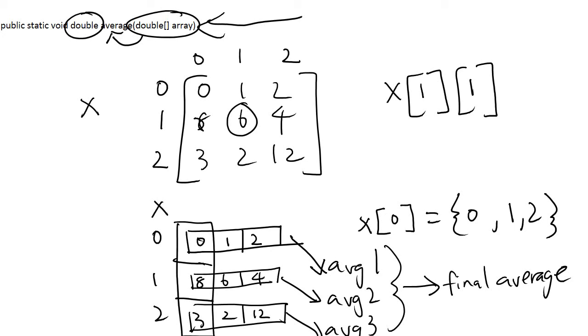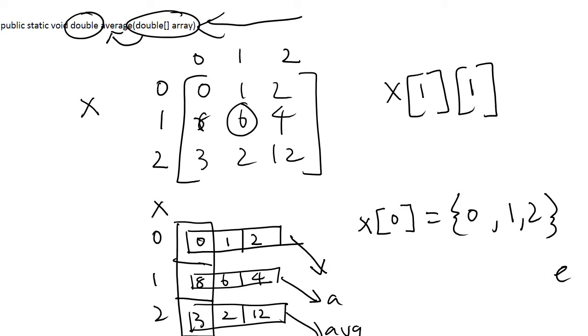And then from there, instead of getting the averages here, you could do min 1, min 2, and then min 3.